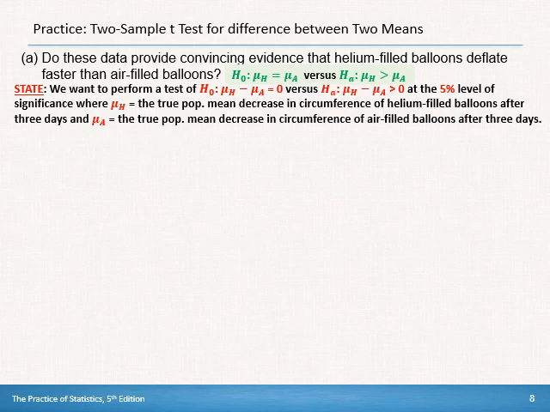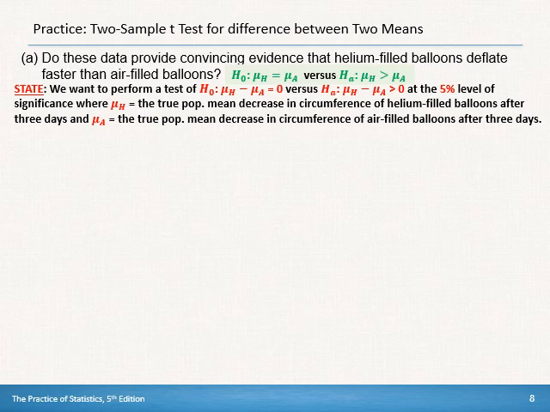Now, the alternative, which kind of more agrees with our calculator, would be that mu sub h is greater than mu sub a. Again, you have to make sure that you're being careful with the question. The question is: is there evidence that the helium-filled balloons deflate faster, or have a bigger decrease in average circumference?